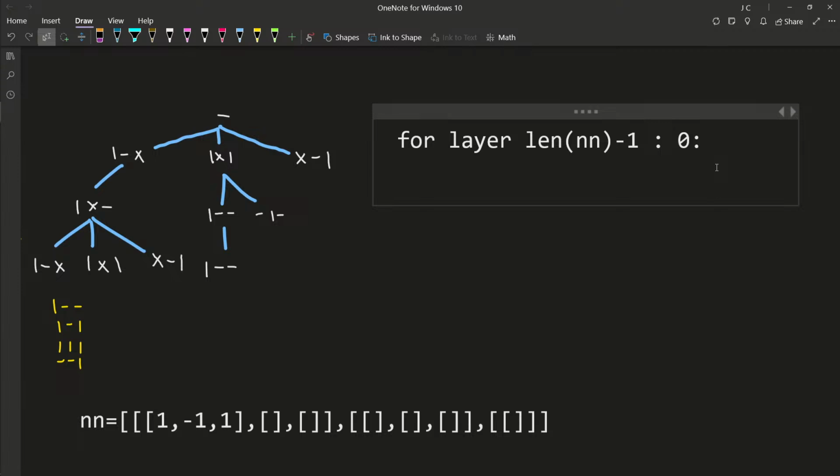Okay, then you're going to have to, for every unit, expand, right? Because you need to expand the signed majority into these possible states.